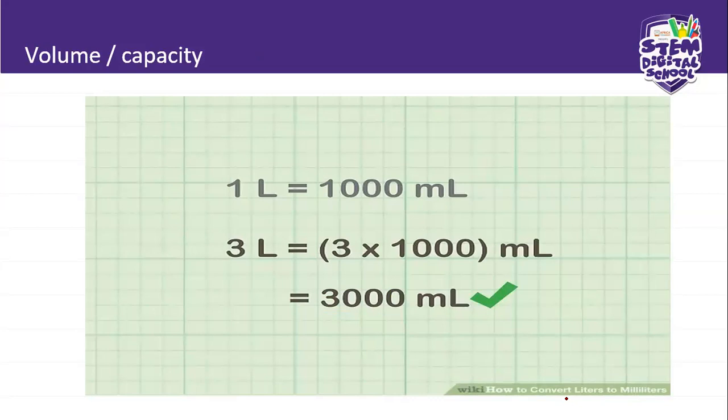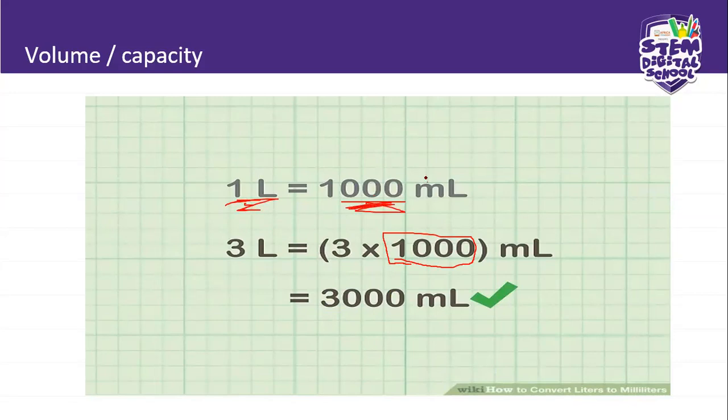When we're looking at liters to milliliters, we are going to concentrate on one specific number, 1,000. Why 1,000? There are 1,000 milliliters in 1 liter. So the ratio is 1,000 to 1, meaning that for every liter, there's 1,000 milliliters.